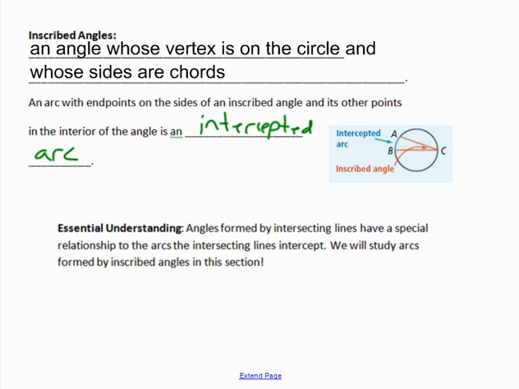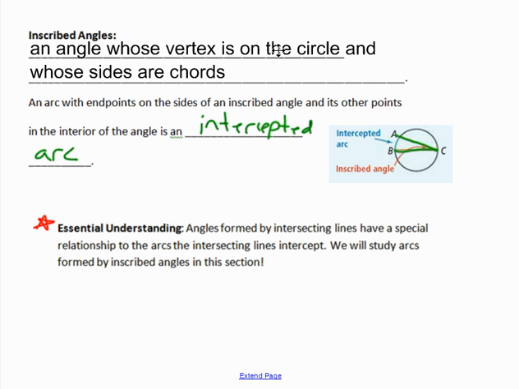An inscribed angle has the vertex on the circle and two sides making two chords going to other parts of the circle. Here's something to think about as we go on today. Angles formed by intersecting lines have a special relationship to the arcs the intersecting lines intercept. We're going to study arcs formed by inscribed angles in this section.